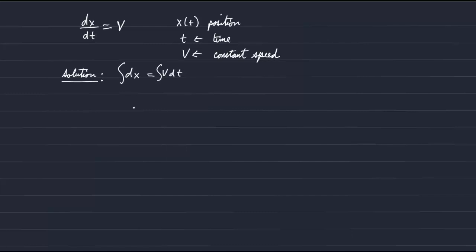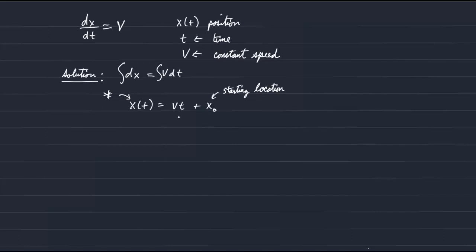And this tells us that x as a function of t, this is the solution we seek, is equal to v times t plus a constant, which in this case is the starting location.